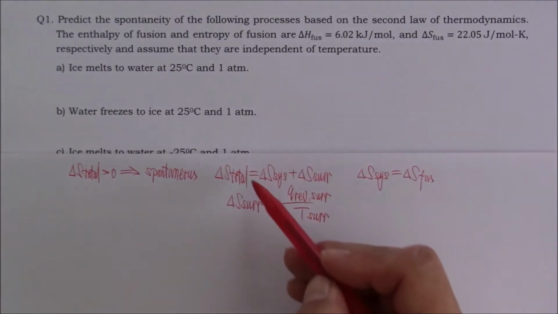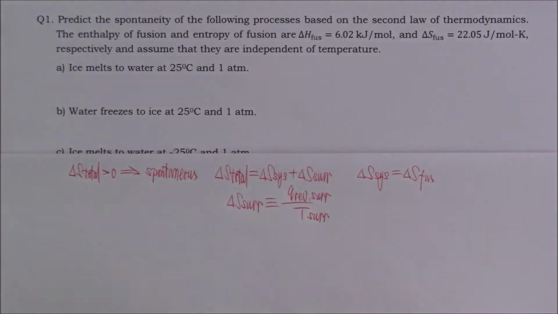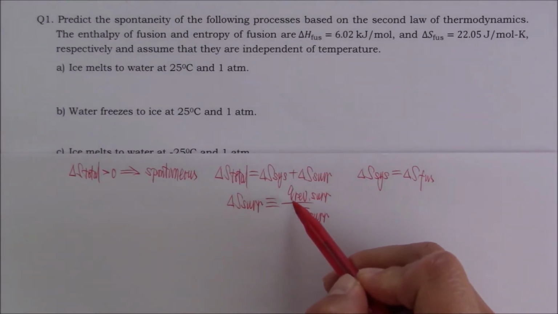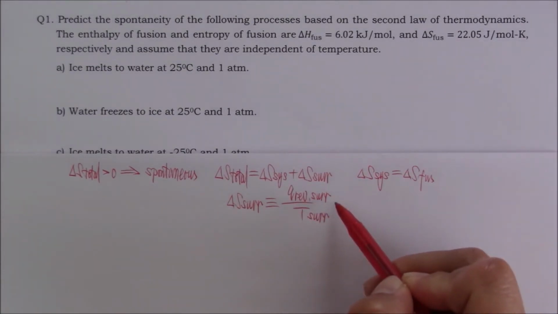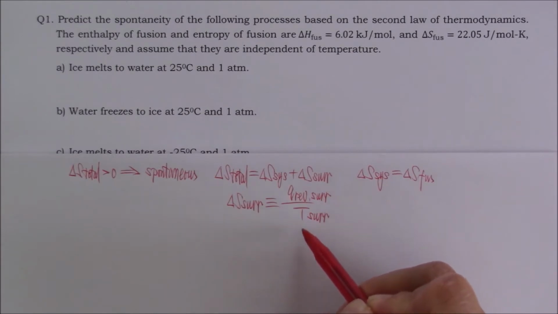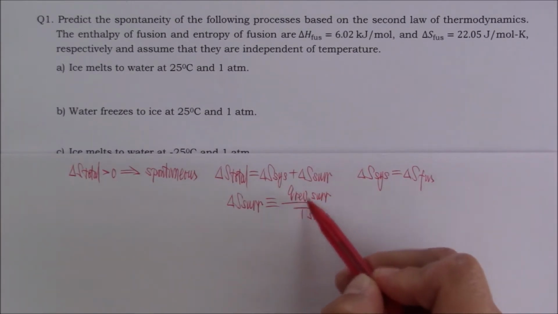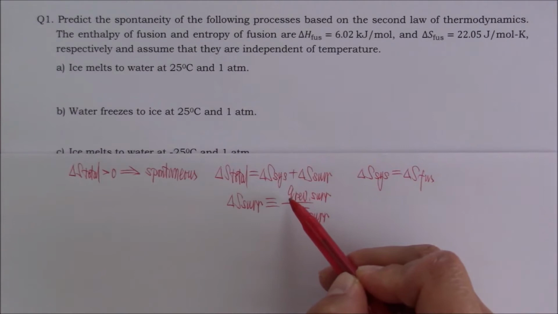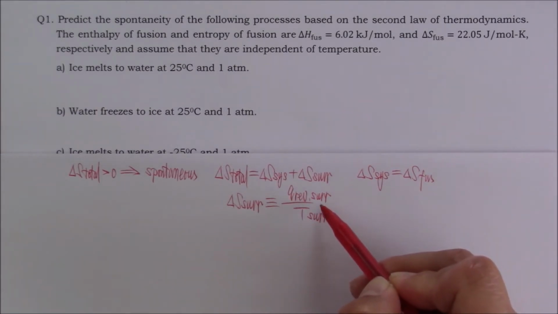By definition, delta S surroundings is equal to Q reversible of the surroundings over the temperature of the surroundings. Reversible means the heat must be the heat of a reversible process. Surroundings means the heat is the heat of the surroundings.